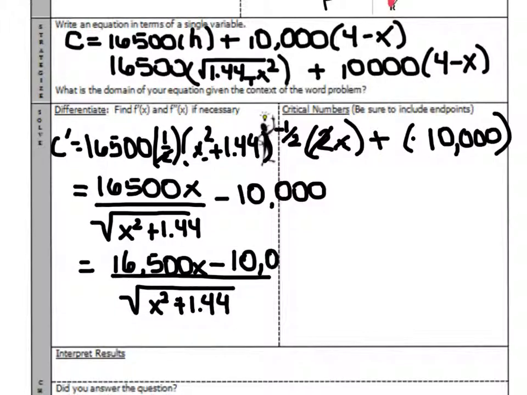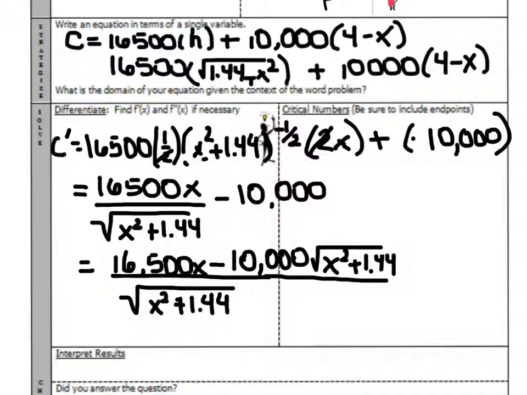So it's going to be 10,000 times the square root of x squared plus 1.44. So now we have our first derivative. So now we must take this first derivative and find the critical points. So we could set the denominator equal to 0 and set the numerator equal to 0.